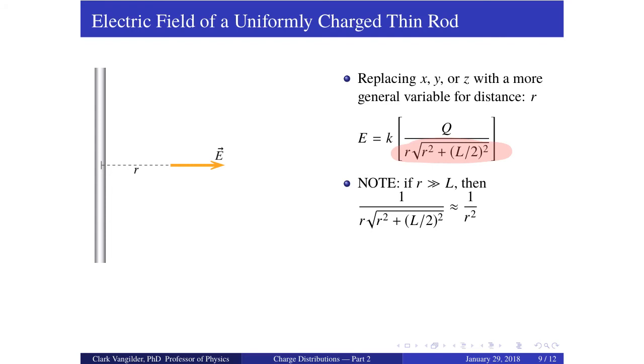But thankfully, if I'm way farther out than the length of the rod, then this thing that we had to do earlier basically goes to 0 effectively. It's so small compared to r that its square added to the square of r, you can't tell the difference. All right, so this thing gets simplified again.